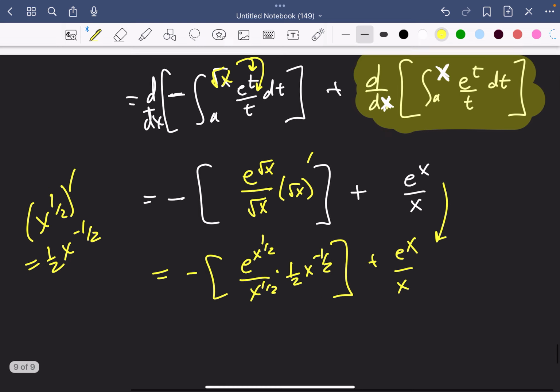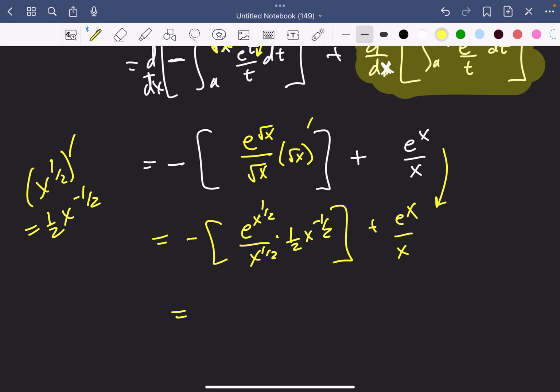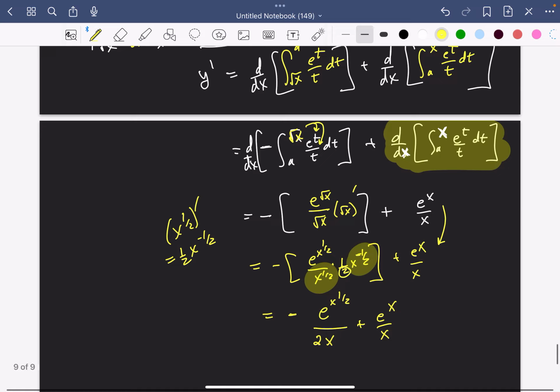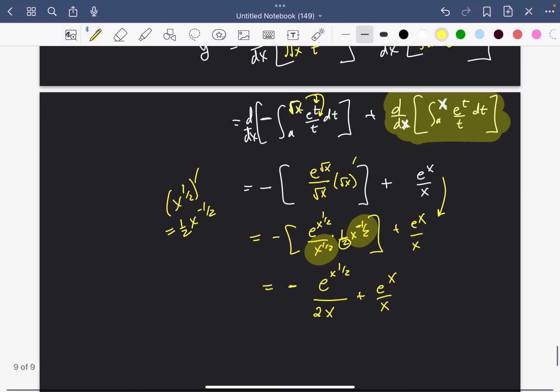So then if you want to write it nicely, it's negative. This is e to the root x over this. This times this, because this negative makes it go on the bottom, just becomes x. And then this 2 goes on the bottom here. Isn't that nice? Yeah. e to the x over x. And so if that's all we do, then I think we're done.